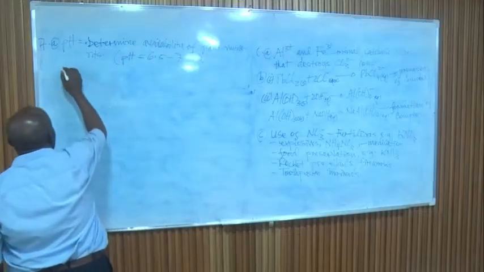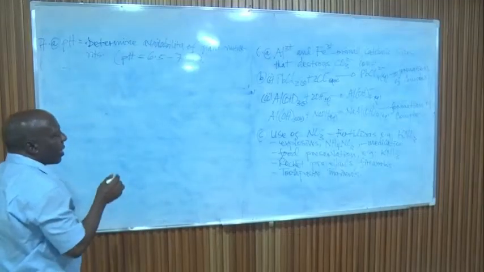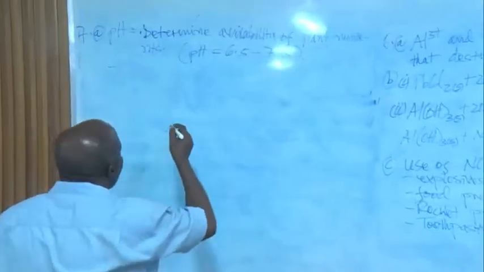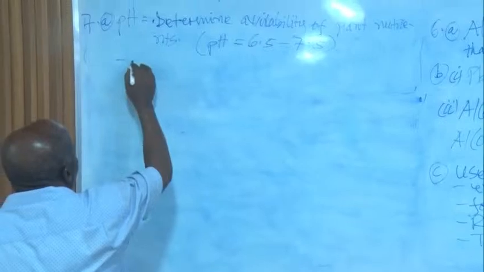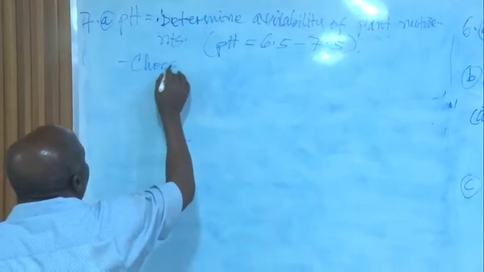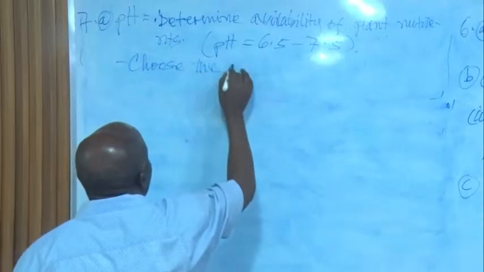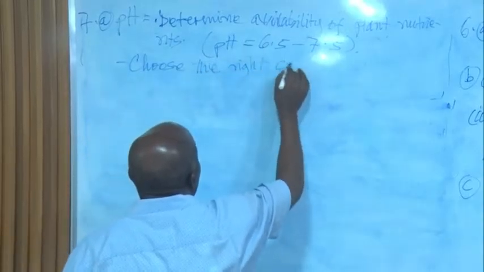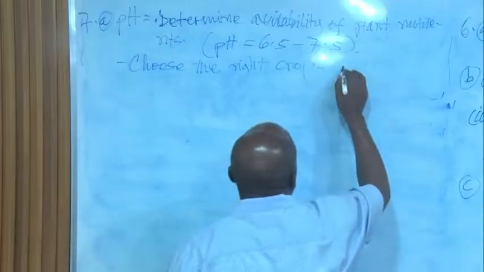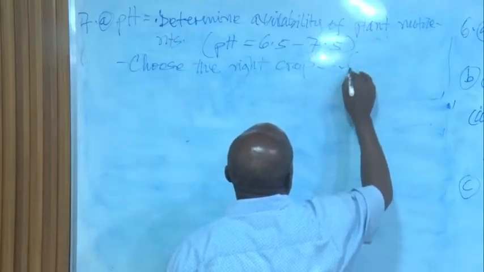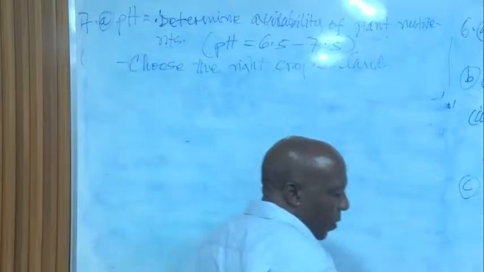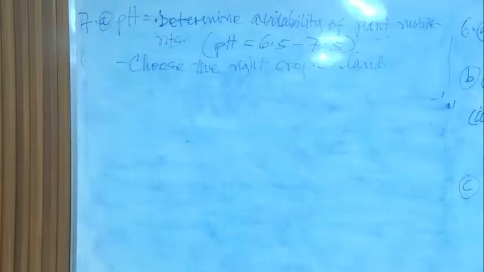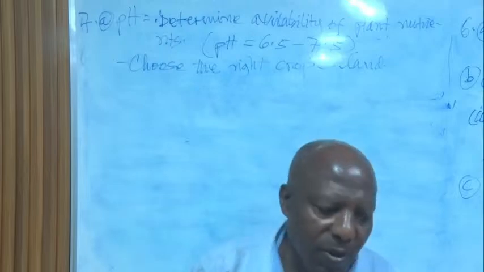So one of the significances of soil pH is to determine the availability of plant nutrients. Another significance is that it gives us the ability to choose the right crop in a particular land. If we want to grow a certain crop, we have to consider this, because each plant has its own soil condition favorable for its growth.